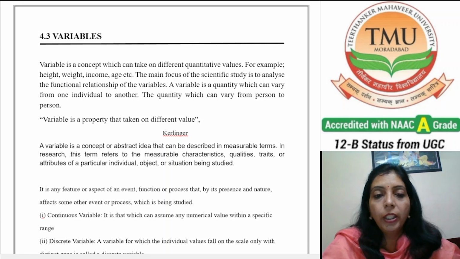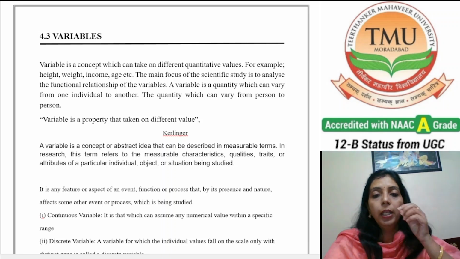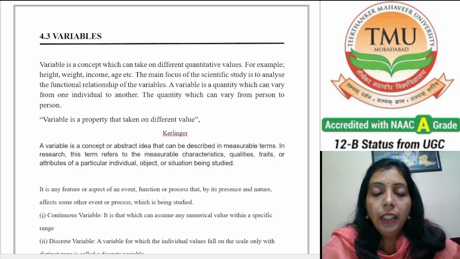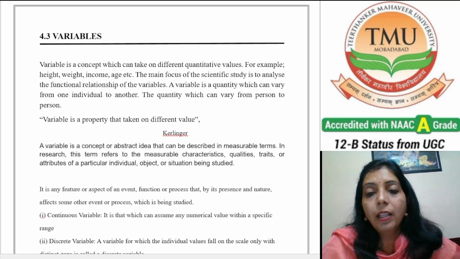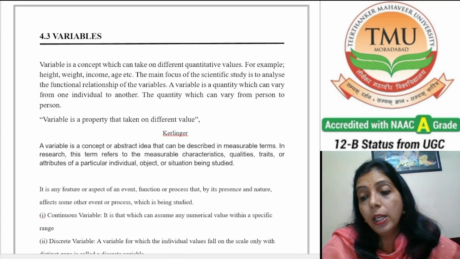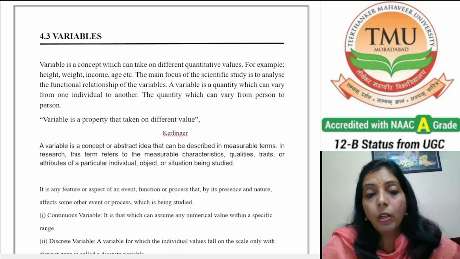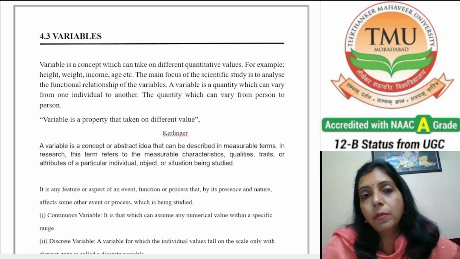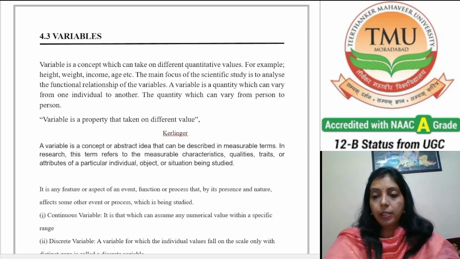Whatever effect is noticed on the dependent variable as a result of an extraneous variable is technically described as an experimental error. So a study must always be so designed that the effect upon the dependent variable is attributed entirely to the independent variables and not to some extraneous variable or variables.